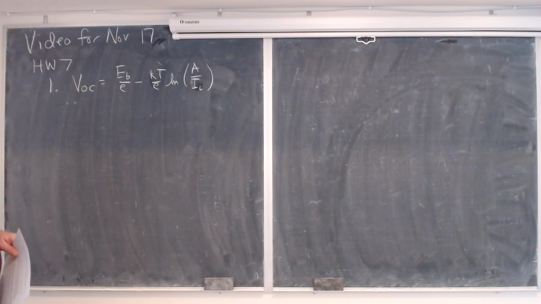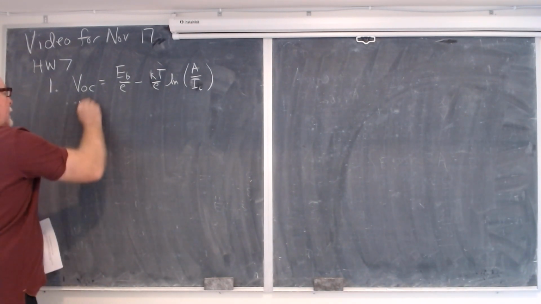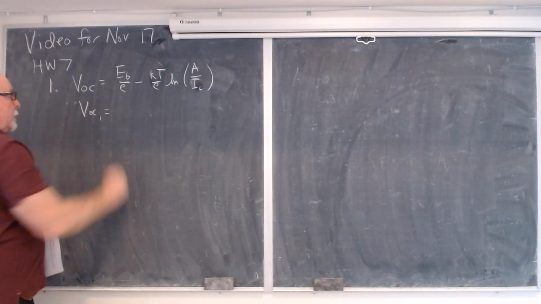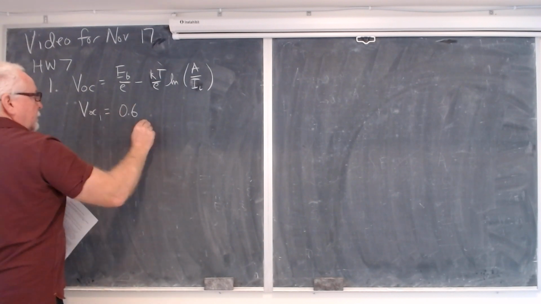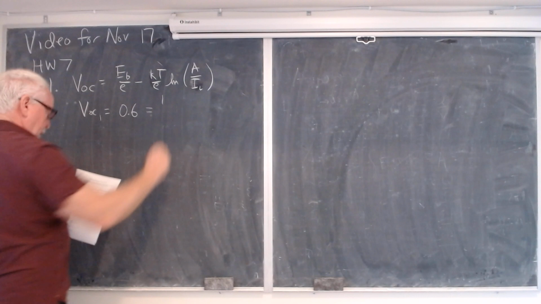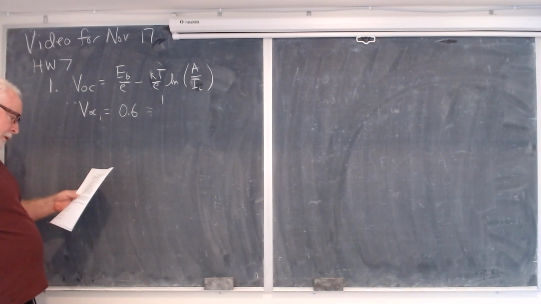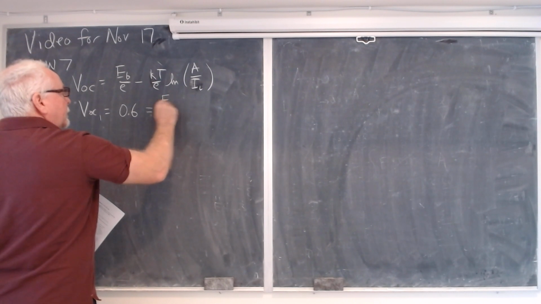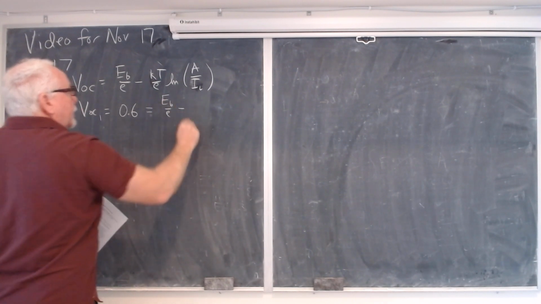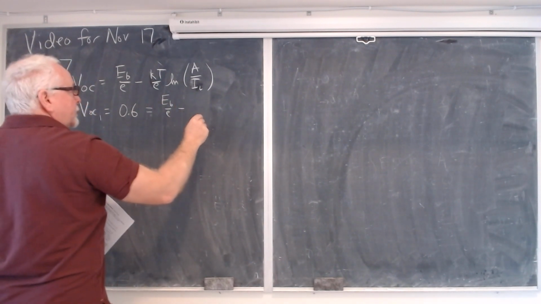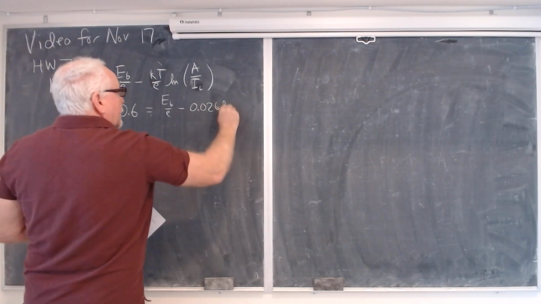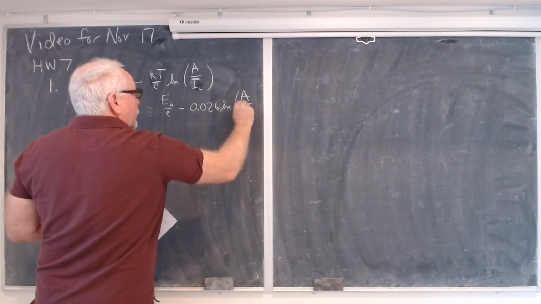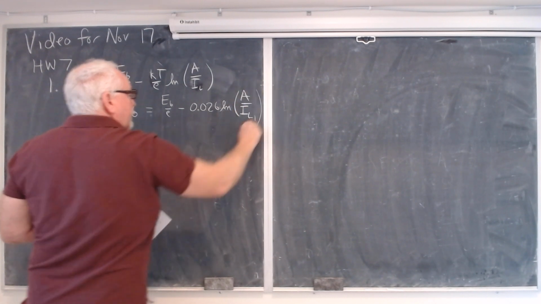VOC1 gave you 0.6 volts, and that's equal to EB over E minus, at room temperature, 0.026 times the logarithm of A over IL1.